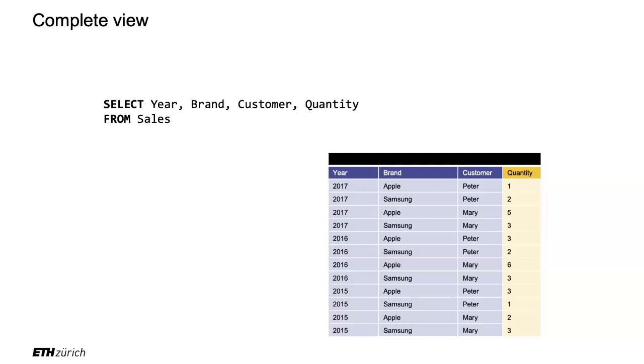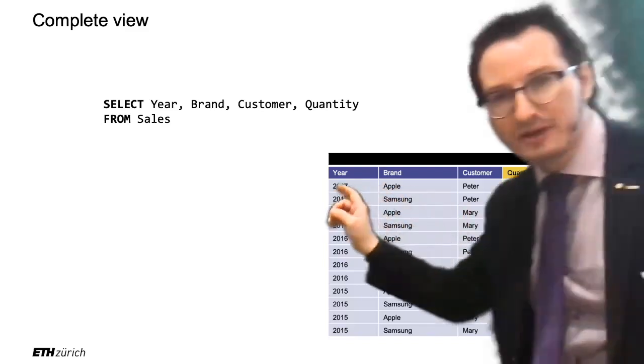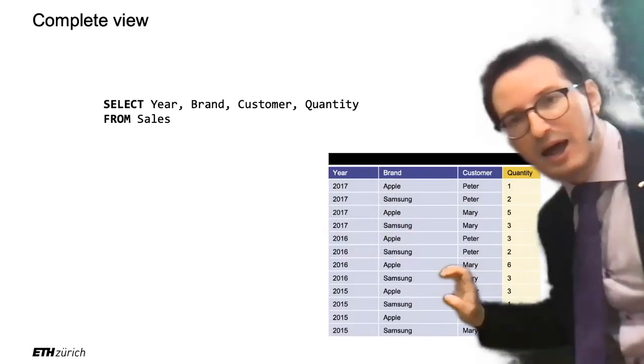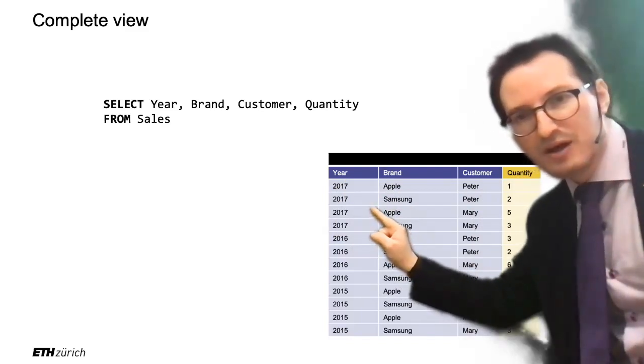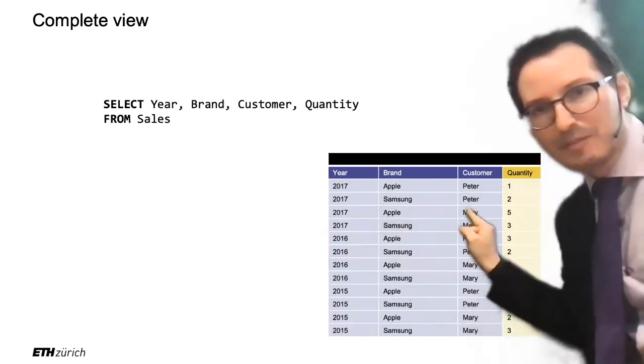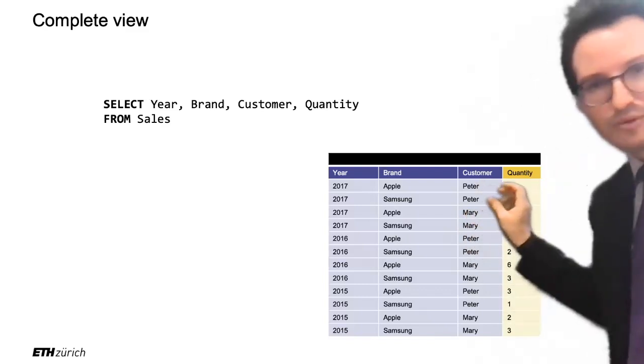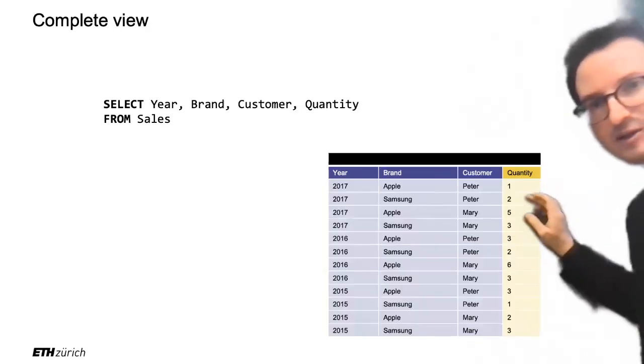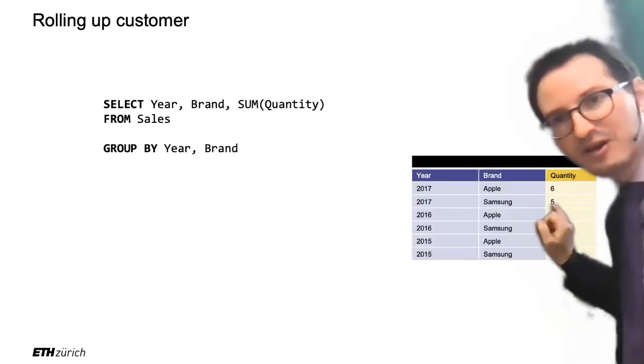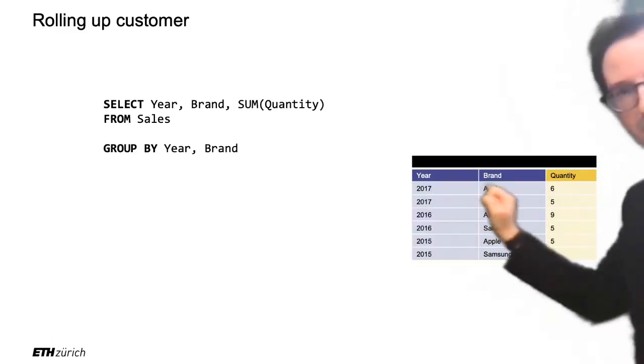What that means is that I want to aggregate over the customers, right? So I want to add, for example, I have here 17 Apple Peter. I want to add it with 17 Apple Mary. This is what I mean with rolling up. So I want to compute an aggregate. So this is 1 plus 5 gives me 6, you see, 2017 Apple.